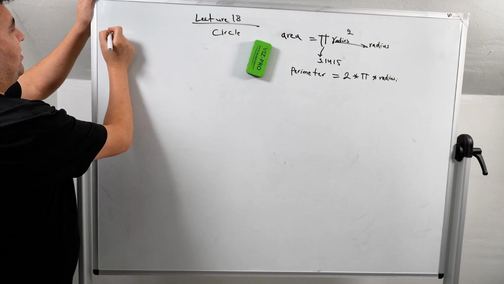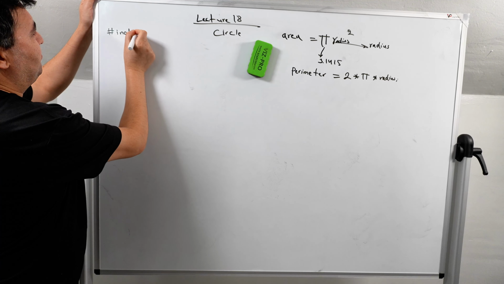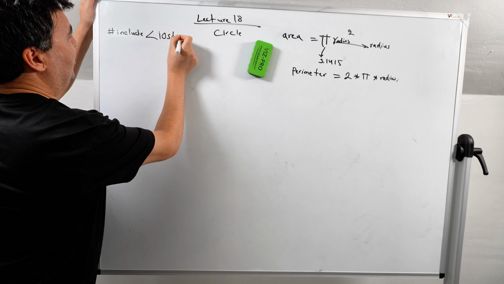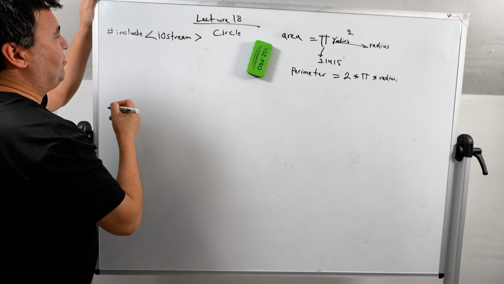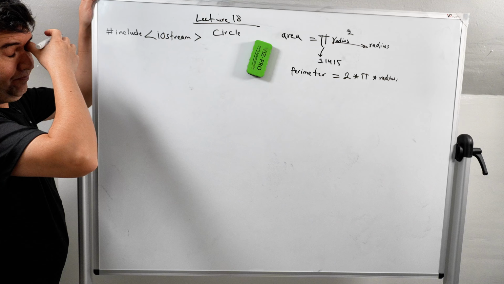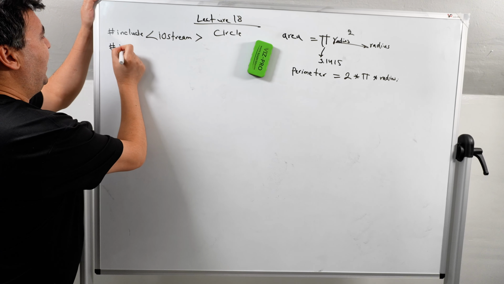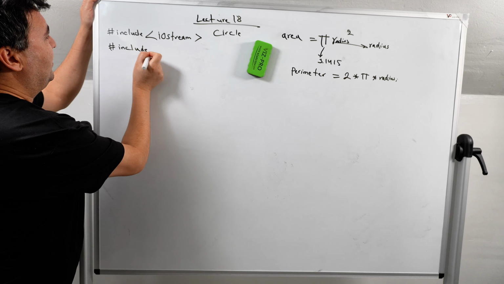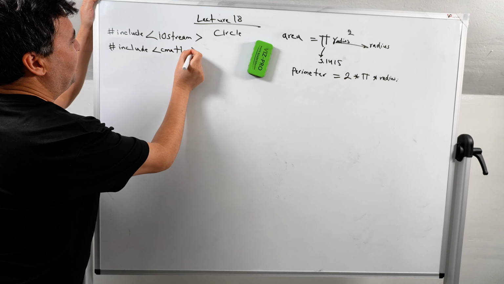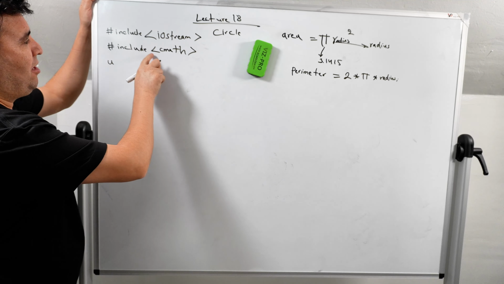I start with hash include iostream, because we use the input and output library, like cin and cout, so we need this library. And then I include the cmath library. Why do I use this one?